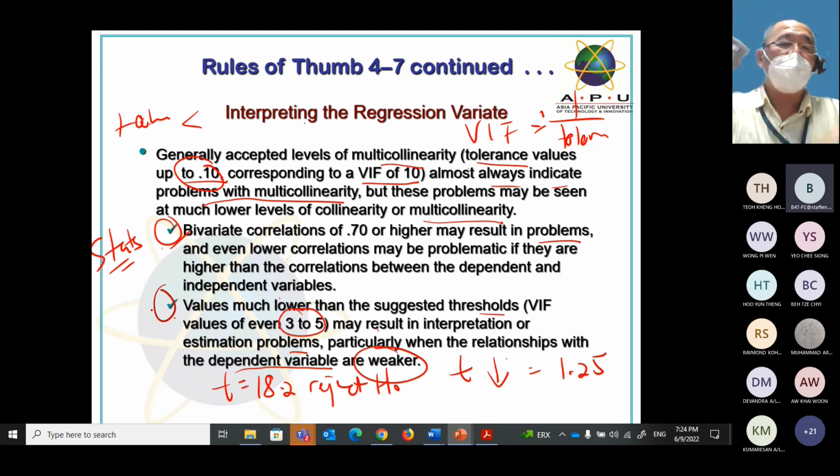When the VIF is quite a small value, let's say 3 to 5, it looks good, but at the same time, you see in the output the T is quite small, 1.25. It means maybe we should also suspect a multi-collinearity problem, maybe.